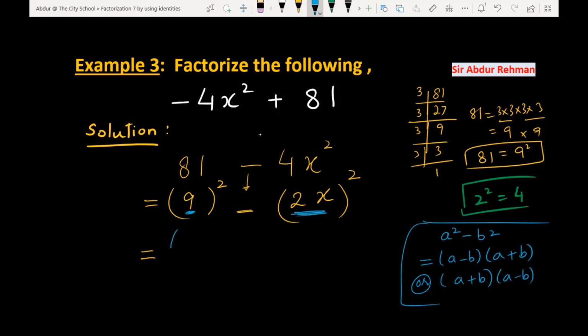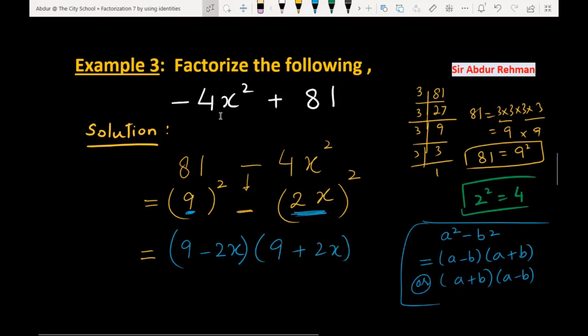So I'm going to factorize a minus b. So 9 minus 2x, not whole square, 9 minus 2x times 9 plus 2x is the factorization of minus 4x square plus 81.